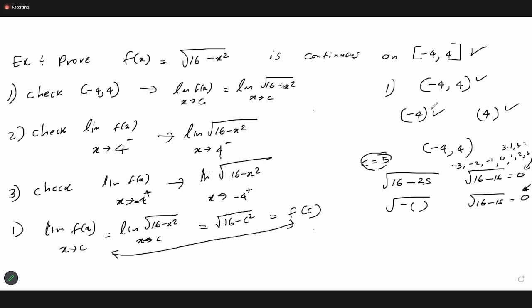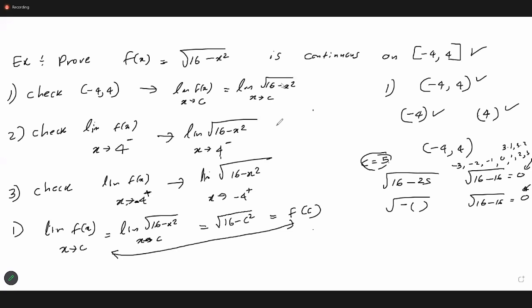Okay. Then we have to check the endpoints. How to check the endpoints? Here, I wrote it. Check the limit of f(x) when x approaches 4 from the negative end, and see what happens. Then check the limit of f(x) when x approaches negative 4 from the positive end.